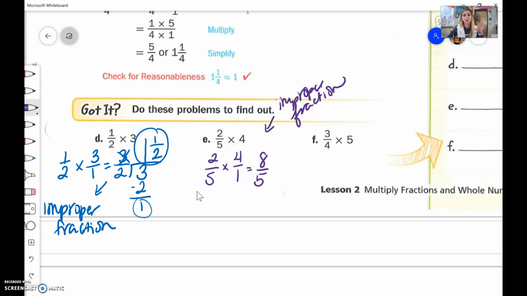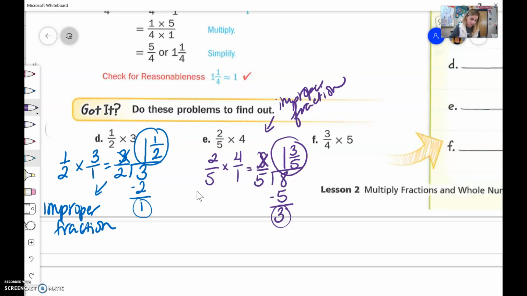We have an improper fraction, so we have to take that numerator and divide it by the denominator. So I'm just going to drop that down here. I'm going to cross that off. I know that I can make one group of 5. When I subtract, I get 3. That 3, that remainder, becomes my numerator, and my denominator stays the same, so I get 1 and 3/5.